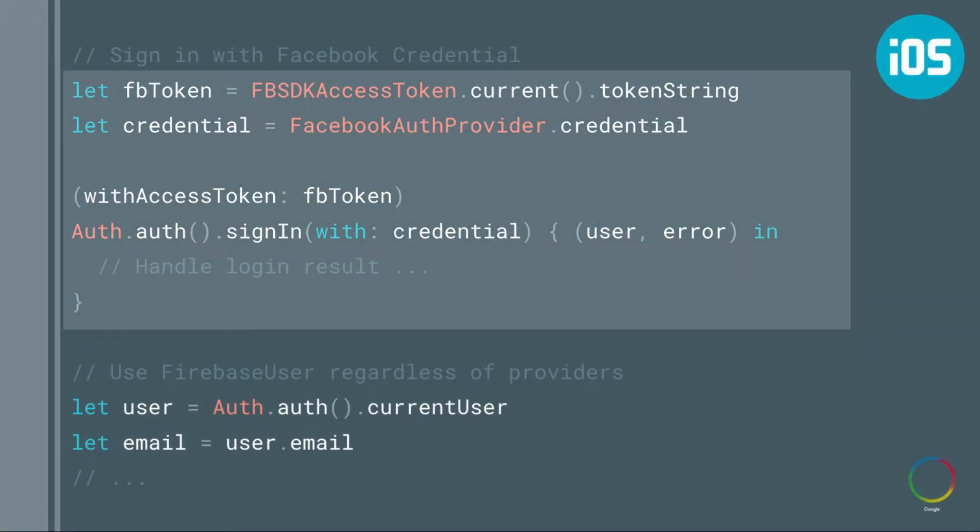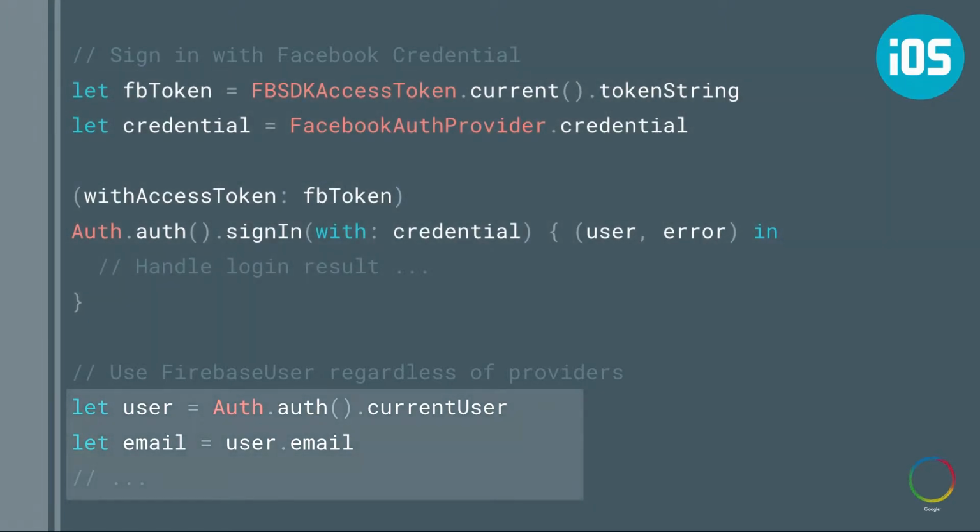This is how we implement Facebook login to our iOS app. We started by integrating the Facebook SDK, and then we sign our user in using Facebook. Now you can get the Facebook access token from the Facebook SDK, and you pass it to the Firebase SDK, and from here Firebase will handle the rest for you.